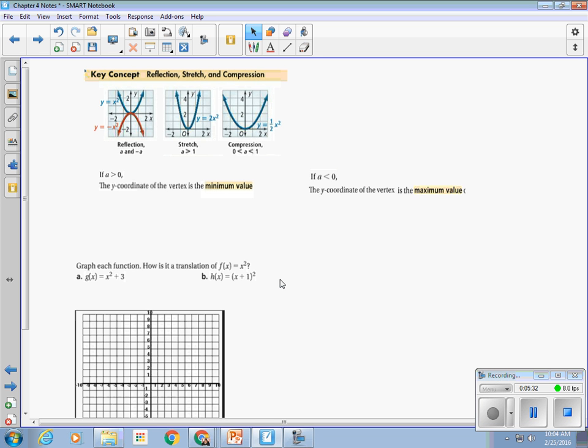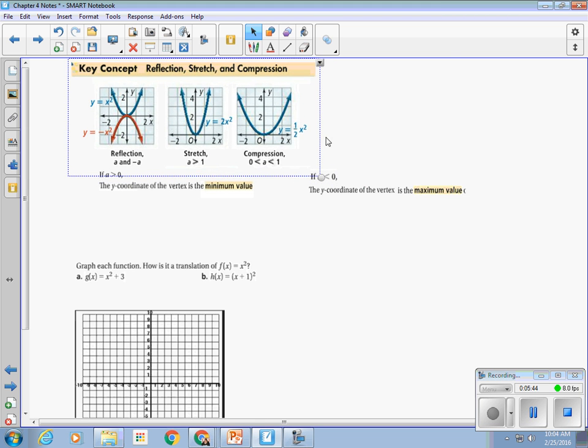Key concept: reflect, stretch, compress. This is not new. We've talked about these three things before. So a reflection, a stretch, and a compression. So remember, if we have a negative in front of our x squared, we have a reflection.